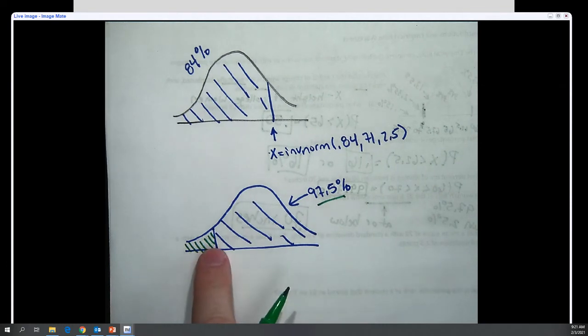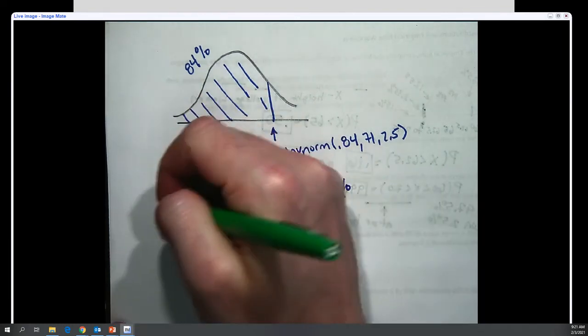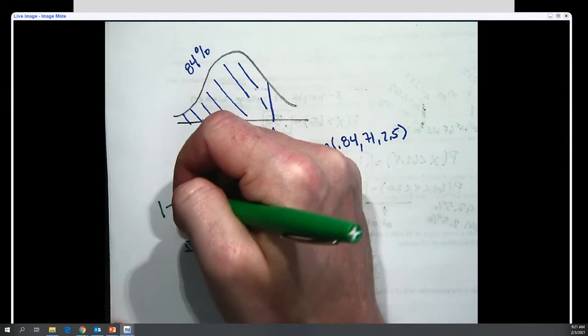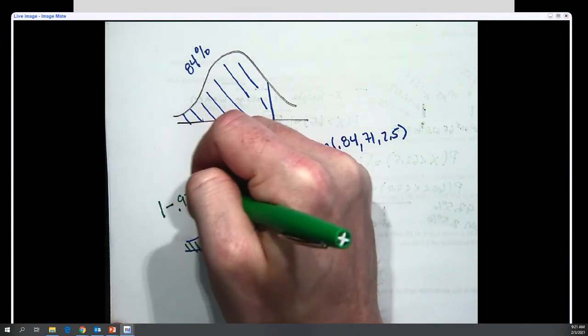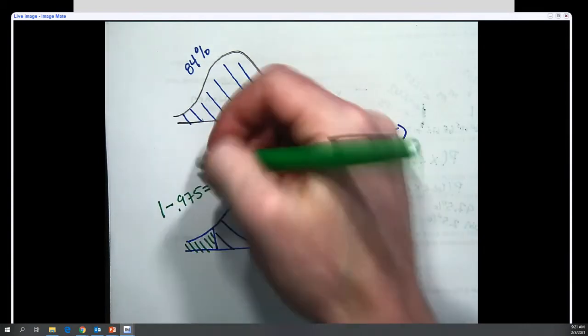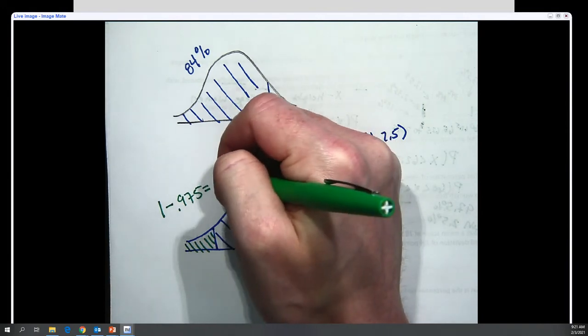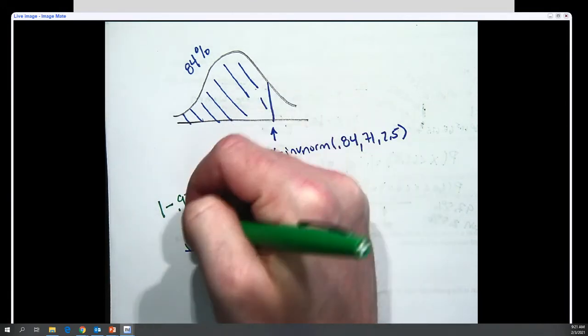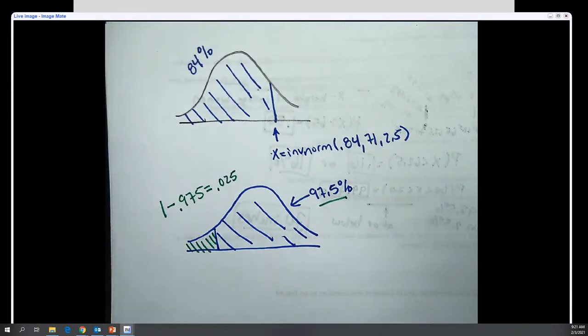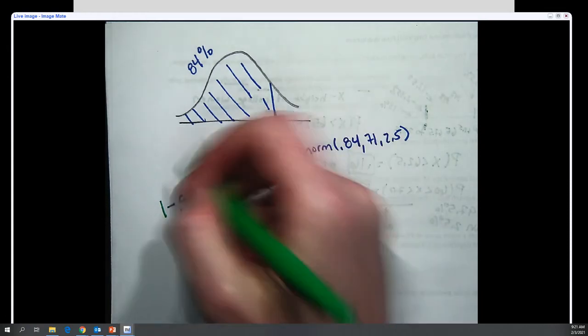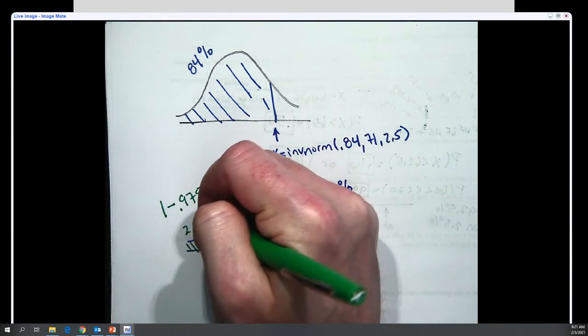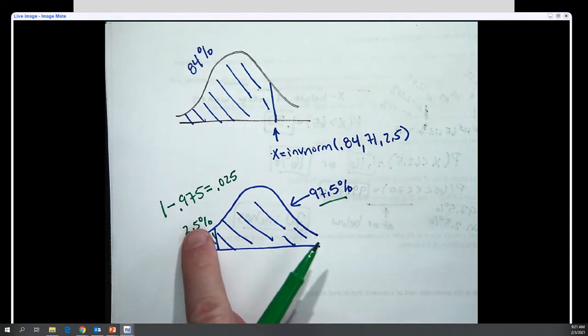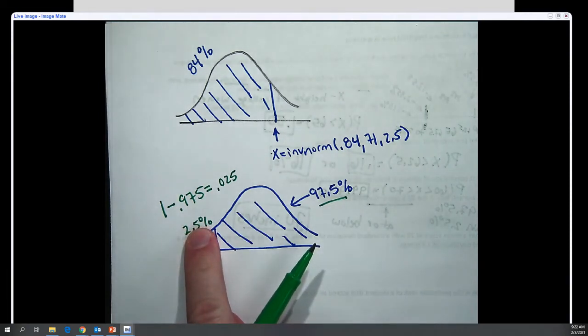We have to figure out the area to the left, which is really simple. It's 1 minus 0.975. And so that'd be 2.5%. Remember, you can write percentages as either decimal or you could say 2.5%. Either one's fine. So that is what I have to type into my calculator.